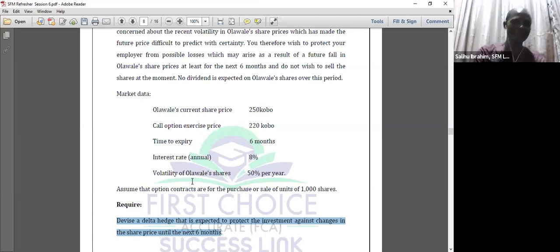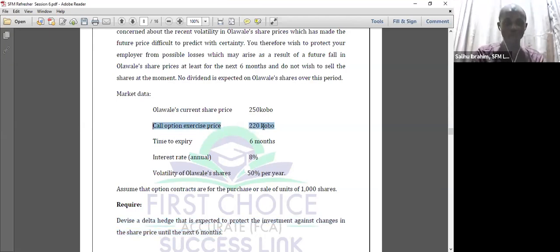But look at the market data given to you. What can you see here? You can see call option exercise price, isn't it? Therefore, I'm using a call option.